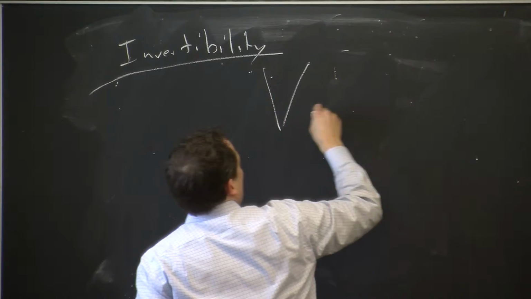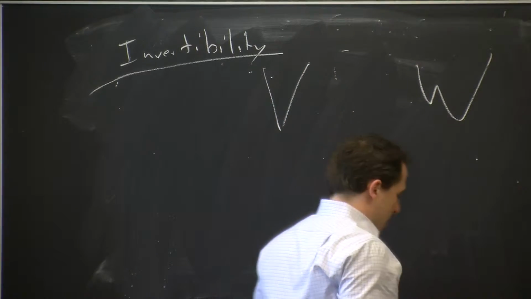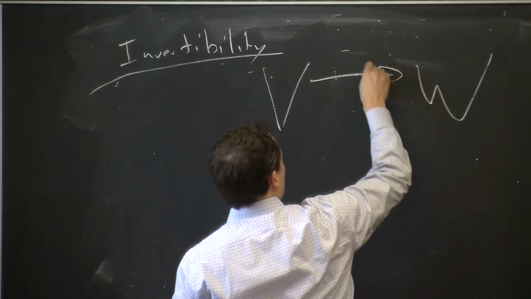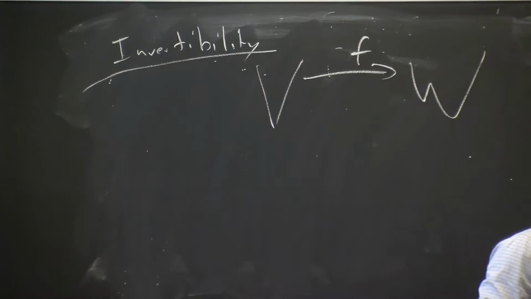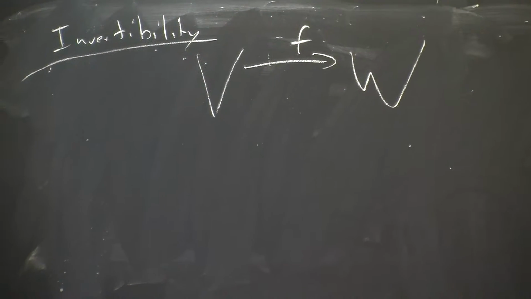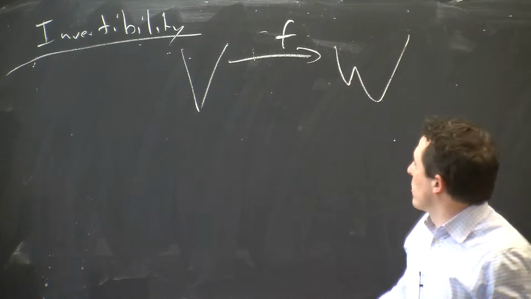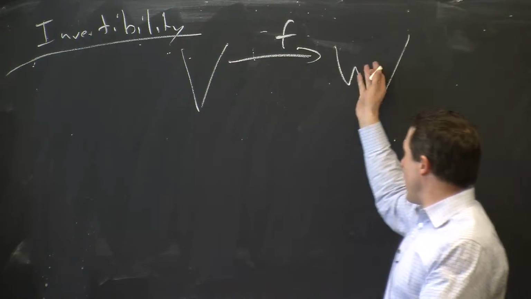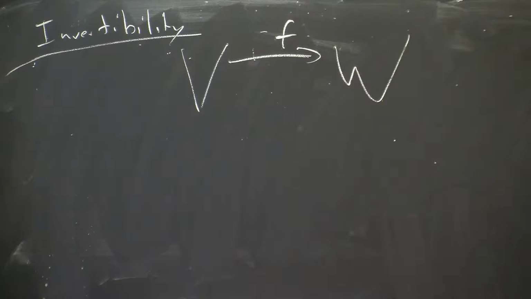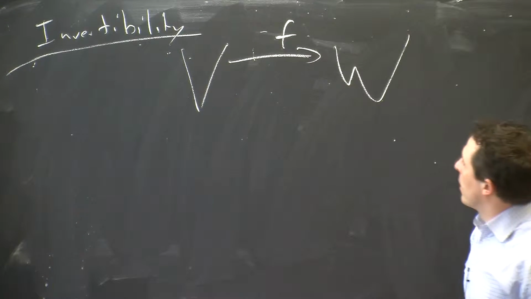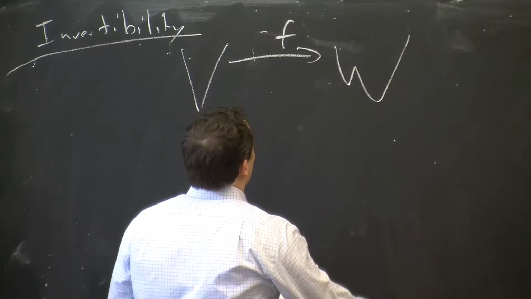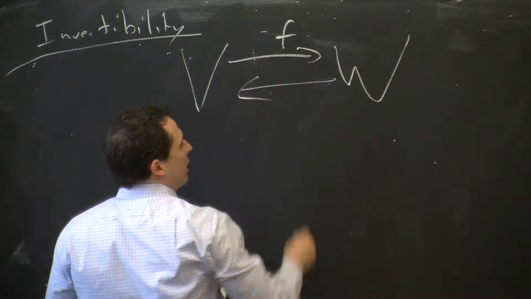So we have two vector spaces V and W. We consider a linear map F between them. In particular, F is a map of sets, right? It maps every point of this to a point of that. And we know that for set maps, sometimes, but not always, if they're injective and surjective, certainly, there's an inverse.